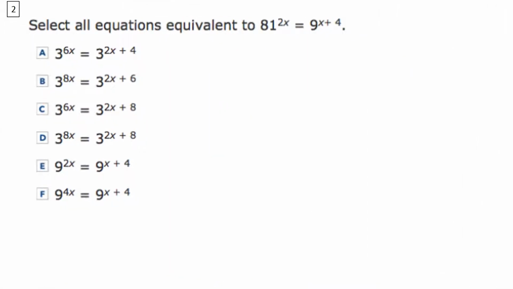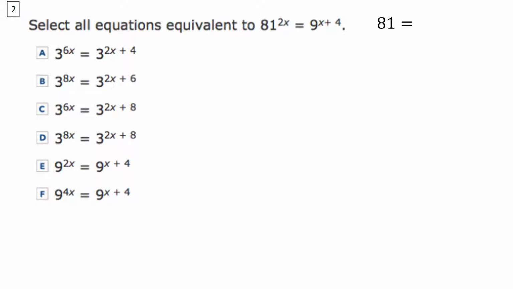Let's look at number 2. It's a very similar problem, but this time we've got 81 to the 2x equals 9 to the x plus 4. Just finding something equivalent isn't something we did a whole lot of, but we certainly solved equations that looked like this. And our first step was to make our bases the same. So let's look at some things. Start with that 81.